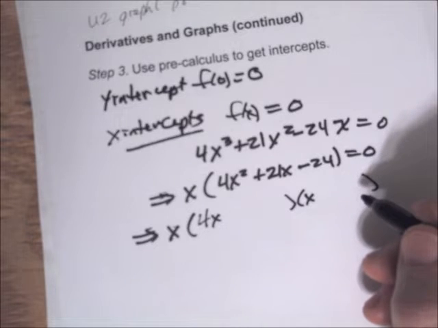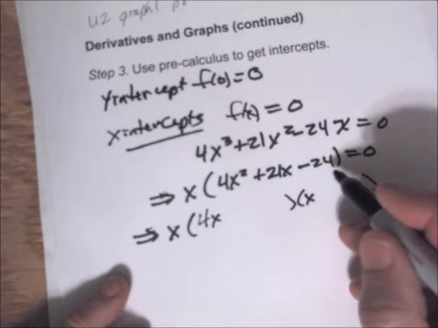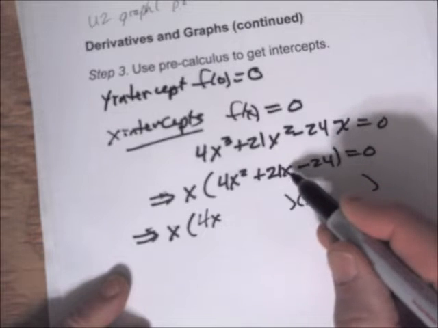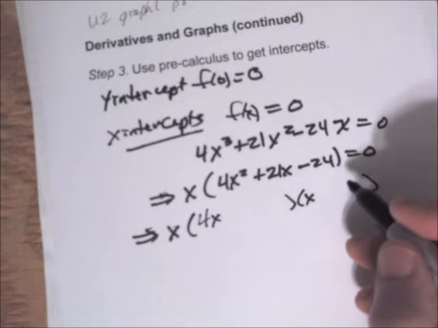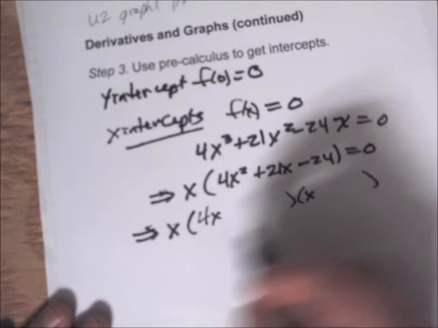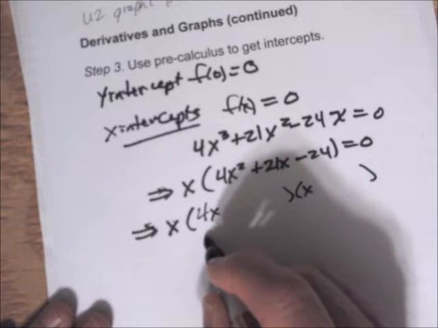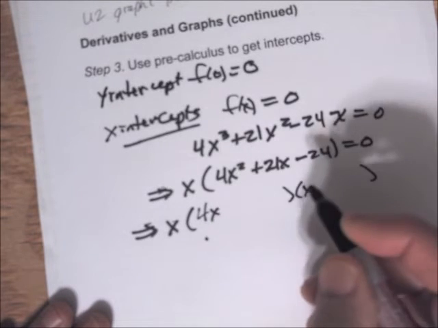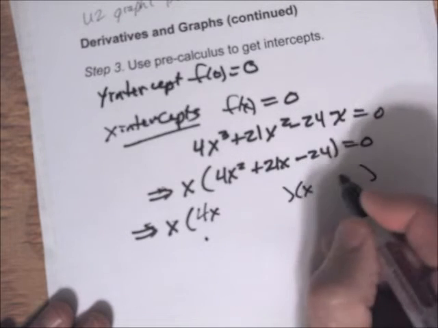And then we need two numbers to multiply. The outer product plus the inner product has to give us 21, but they have to multiply to negative 24. They have to be positive times negative to get a negative 24.